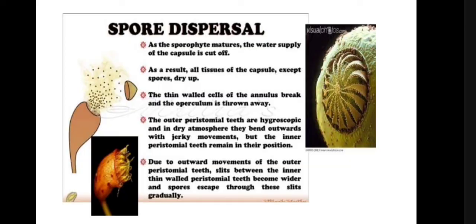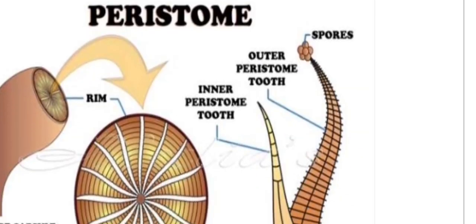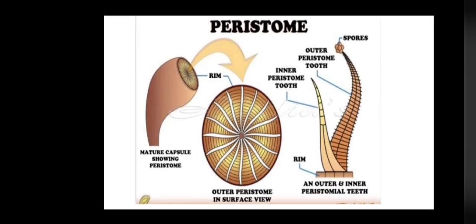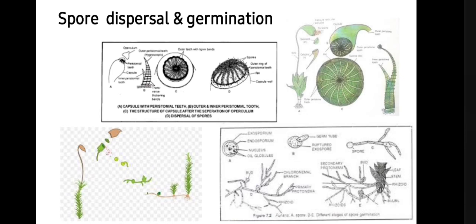So this is the spore dispersal mechanism where peristomial teeth play an important role. And you can see that there are two rows of peristomial teeth, outer and inner, and the spores disperse through these peristomial teeth by jerks.